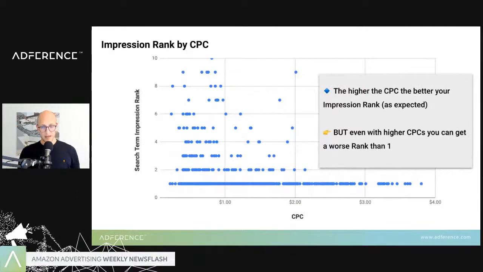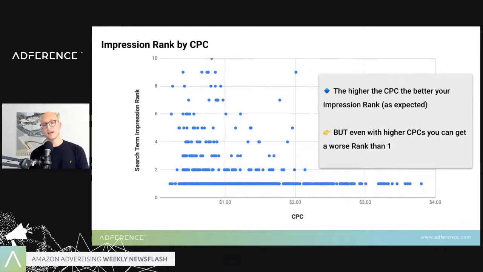Furthermore, you also see how the impression rank or the impression share behaves with the CPC that you set. So the higher the CPC is that you set, the better your impression rank or the higher your impression share is. But even with a very high CPC, you can get a worse rank than 1. So not only if you have a very high CPC, you will be on the first position.